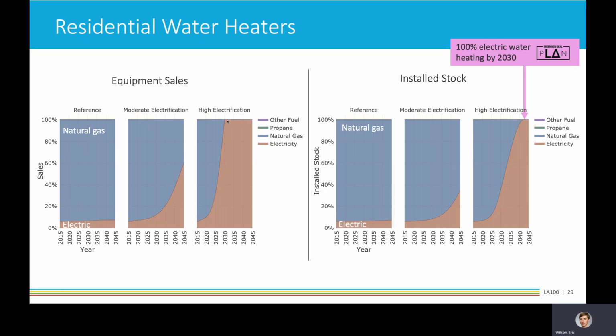Of course, there are different ways to achieve that. You could model early retirement and adoption as a way to achieve the same end goal. But in summary, this is what we modeled, and this was done for all end uses where natural gas was used.